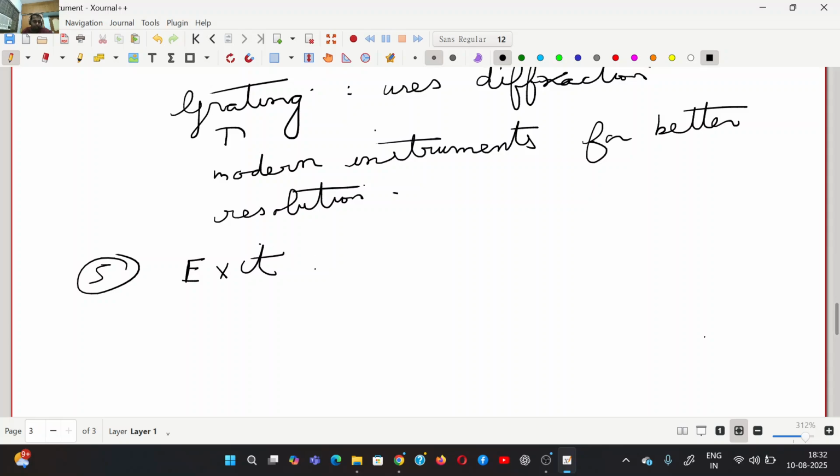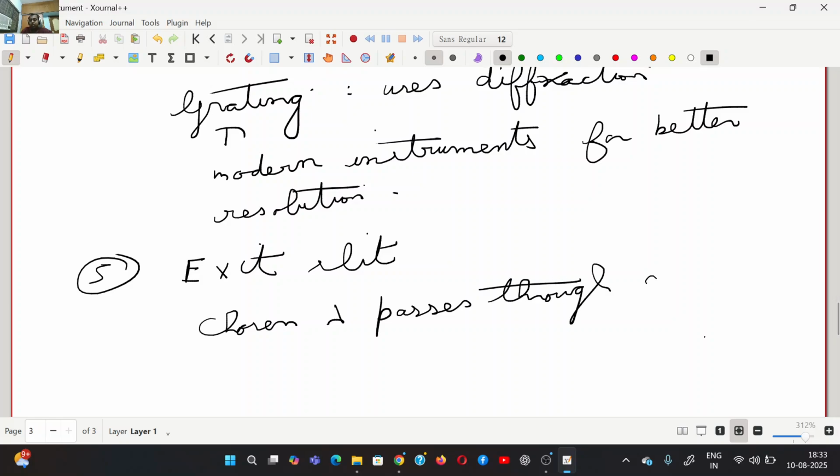It's called exit slit because the equipment has something called this. So chosen wavelength. We have isolated the light that we want. So that chosen wavelength passes through the exit slit. It's a second slit, which fine tunes the band of light.